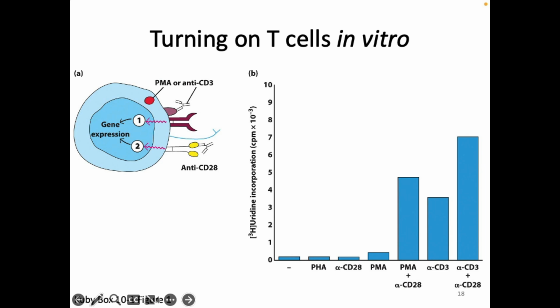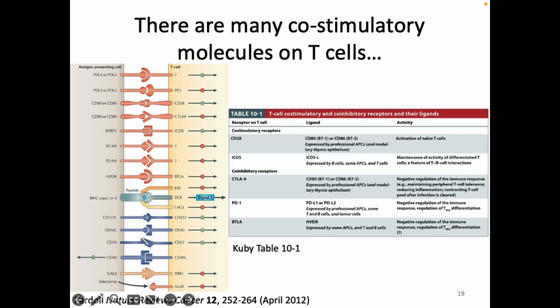So there is another piece to the co-stimulation issue that we need to think about, which is that, if I'm being fully transparent, there are tons of co-stimulatory molecules on T cells. In this image, you can see MHC and signal 1.